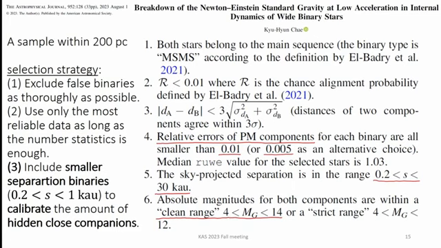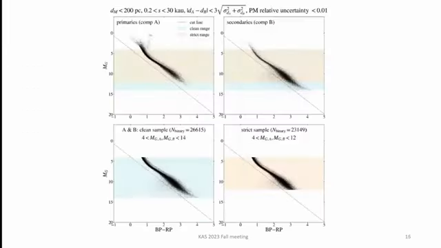So the basic strategy is to exclude false binaries as thoroughly as possible and use the most reliable data as long as statistics is okay. And also, this is important, I use wide-separation binaries to calibrate the amount of hidden close companions. And this is the actual key point.